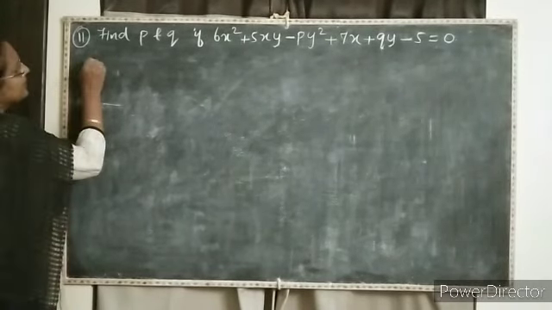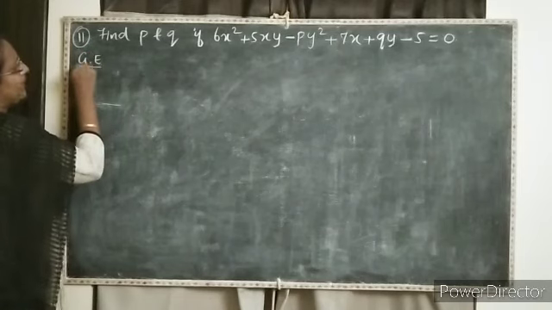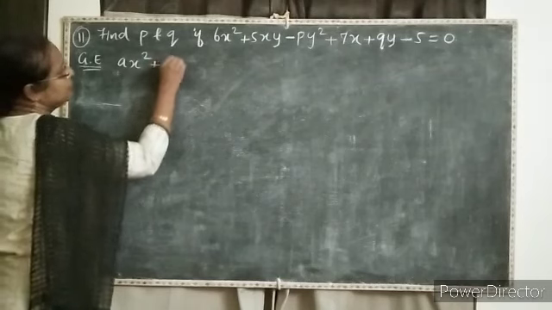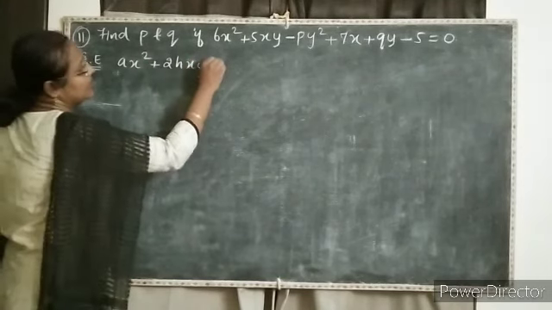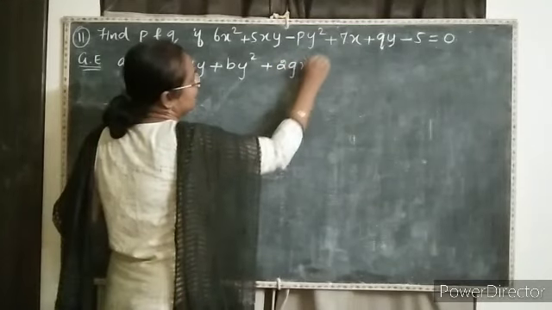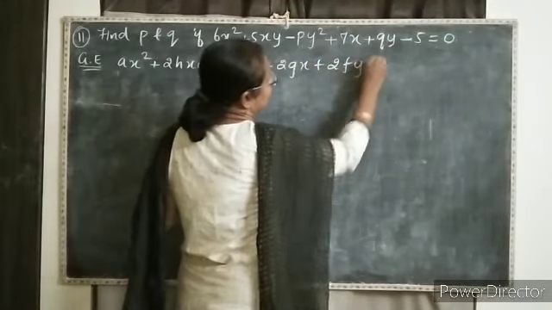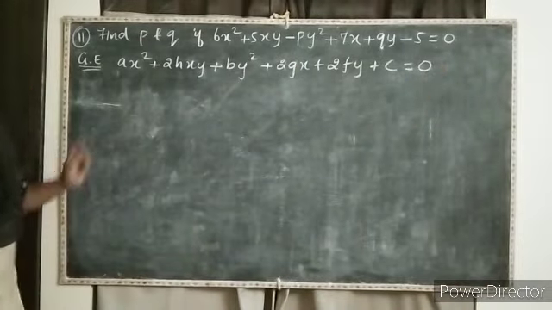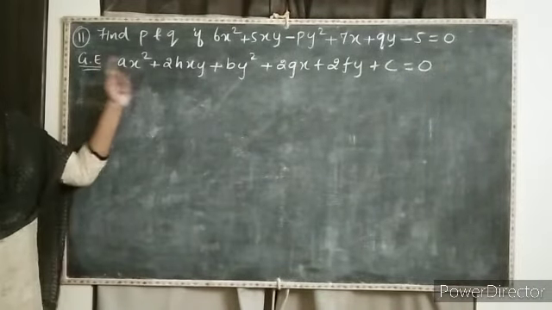Do you remember? The general equation of the pair of straight lines is given by ax squared plus 2hxy plus by squared plus 2gx plus 2fy plus c is equal to 0. Do you remember this? You have to memorize this general equation.